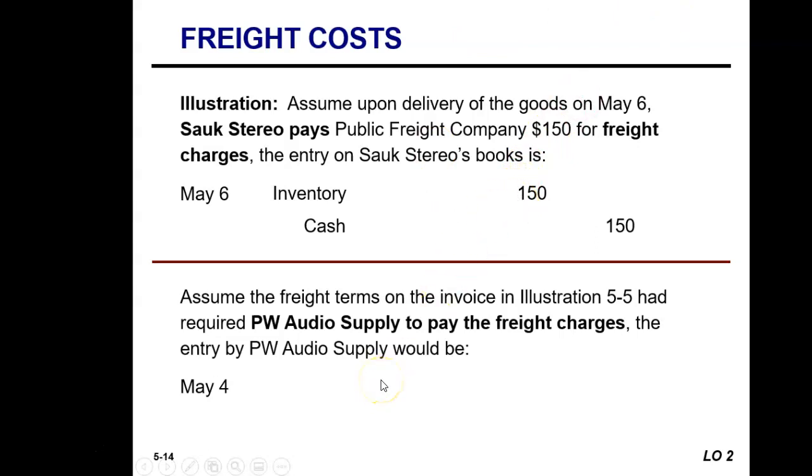Now, if by chance the seller had paid the freight cost, the seller would debit an account called freight out, which is an operating expense, and credit their cash account. So once again, if the buyer pays, the freight cost goes into the inventory account. If the seller pays the freight cost, we have an account title called freight out, which is an operating expense.